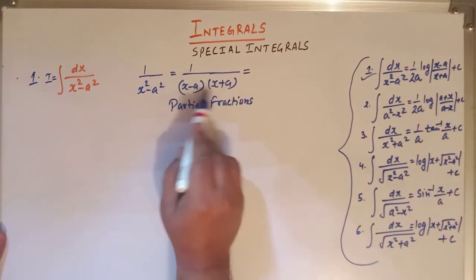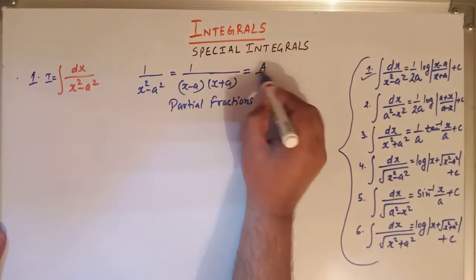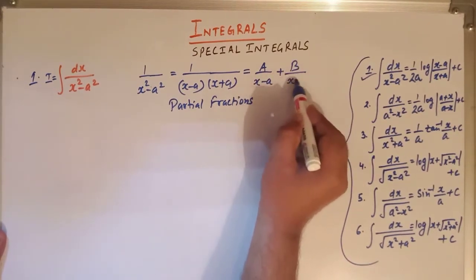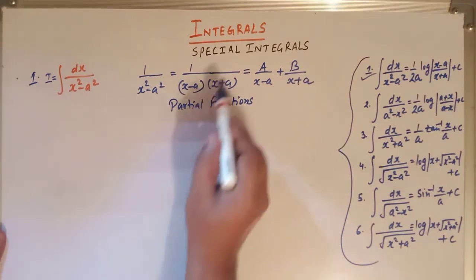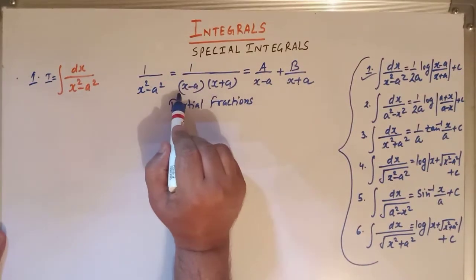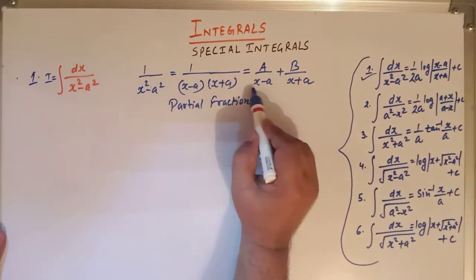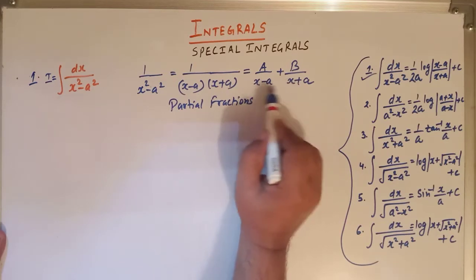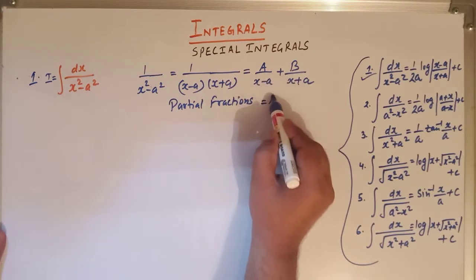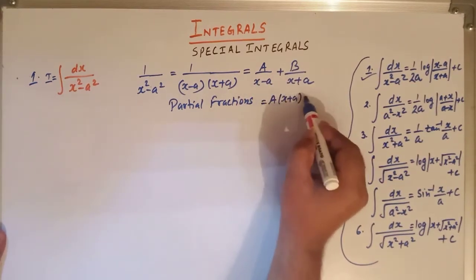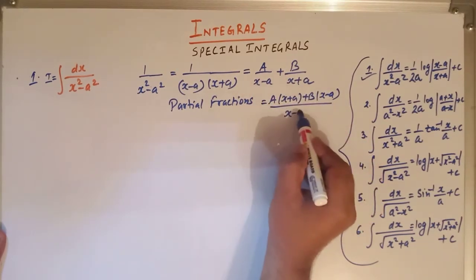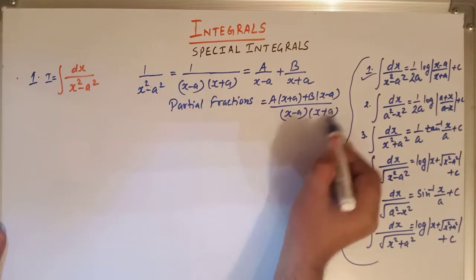So here we have two linear factors, so we can write it as A divided by (x minus a) plus B divided by (x plus a). Clear? So we have reduced the function 1 divided by (x minus a)(x plus a) into two fractions. Clear? So now we can write it as A times (x plus a) plus B times (x minus a), taking the LCM, over (x minus a)(x plus a). Clear?